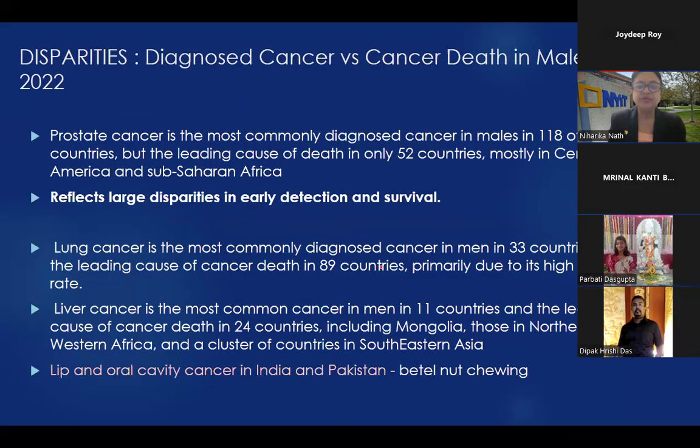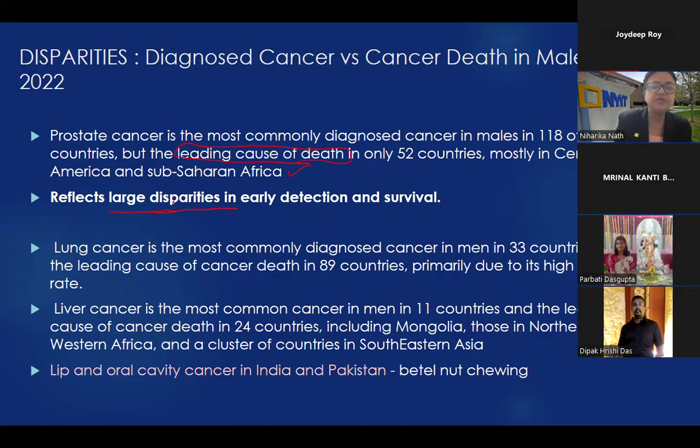Here's a couple of things. I'm going to talk about males, and I don't need to read this whole slide out. It's just to give you an idea that in sub-Saharan Africa, based on socio-economic conditions, prostate cancer can be found in the African countries, but there it's the leading cause of death. So the word is disparities.